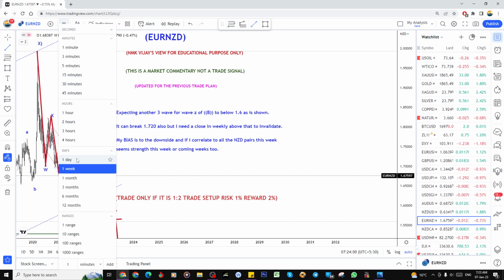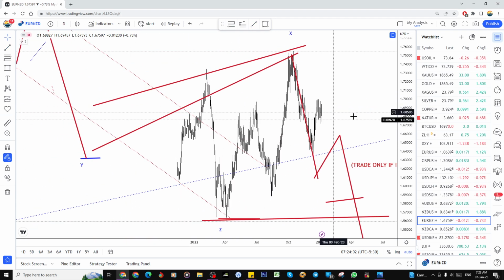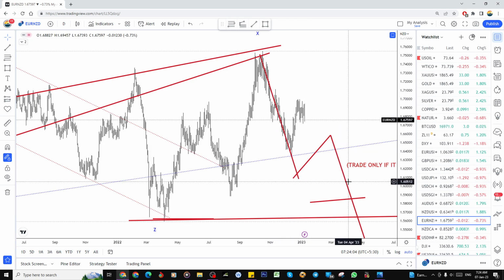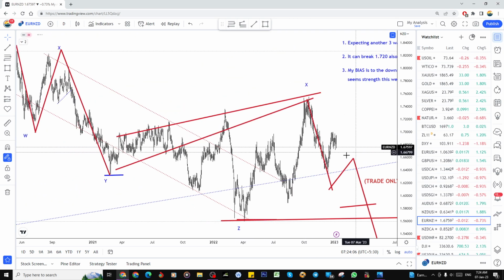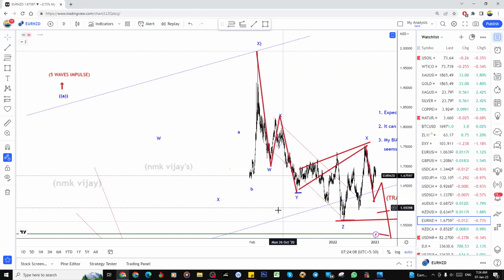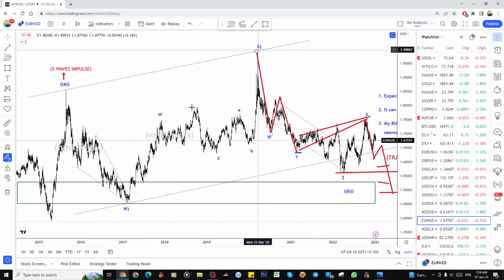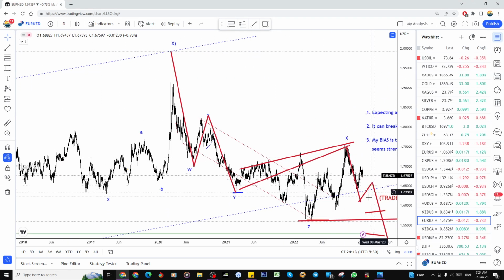Look at this. I already explained, right? This is going to happen. What it did exactly in this zone, where I already placed this channel, is retest. Now it is going to bounce, so it will keep going like this.